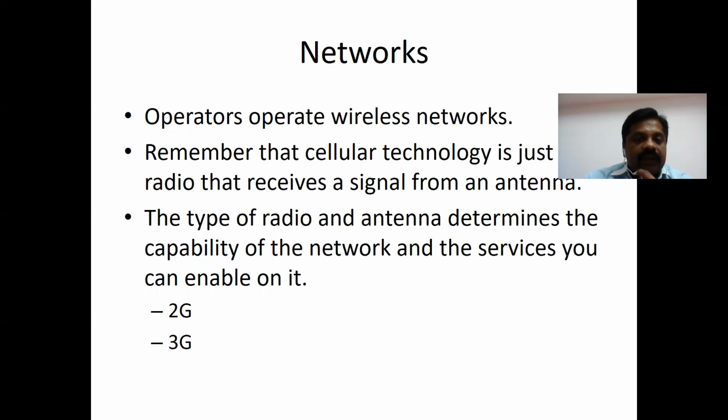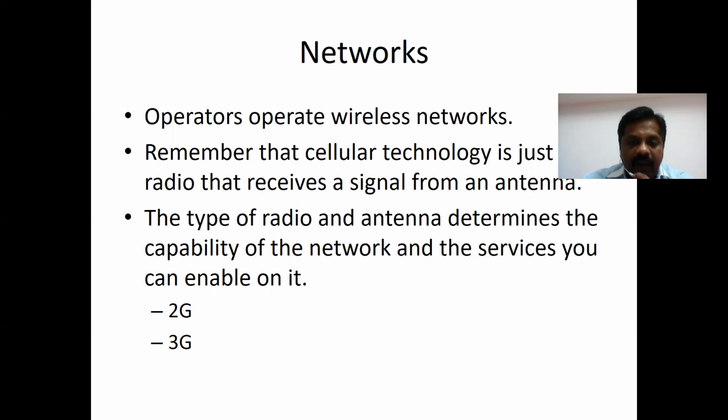Next, networks. Operators operate wireless networks. Remember that cellular technology is just a radio that receives a signal from an antenna. So how the network works: it receives a signal from the antenna, and it performs some operations based on the input signal.